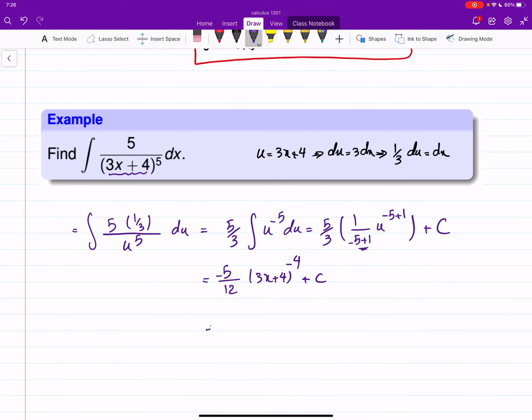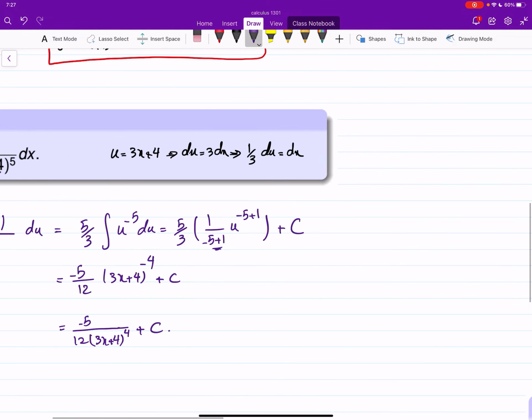I can take that one to the denominator, so it is negative 5 over 12 times (3x plus 4) to the power 4, and then plus c. And that's what we were looking for. All the partial fractions with case 1 will give us that kind of easy integral.